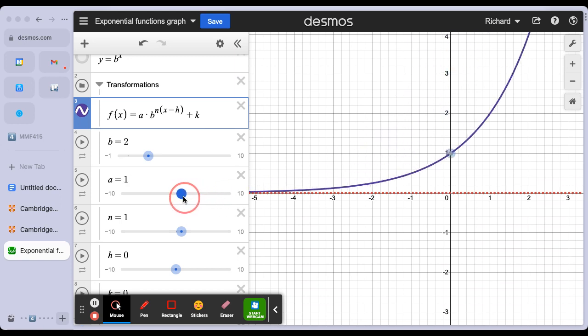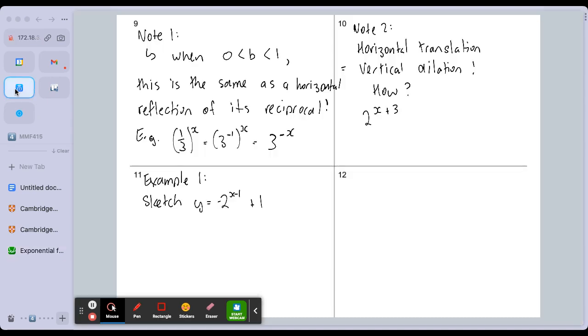I'll just pop this back to normal. The reason why is because I can take 2 to the power of x plus 3, and I can convert that to 2 to the power of x multiplied by 2 to the power of 3. This is also a basic index law.